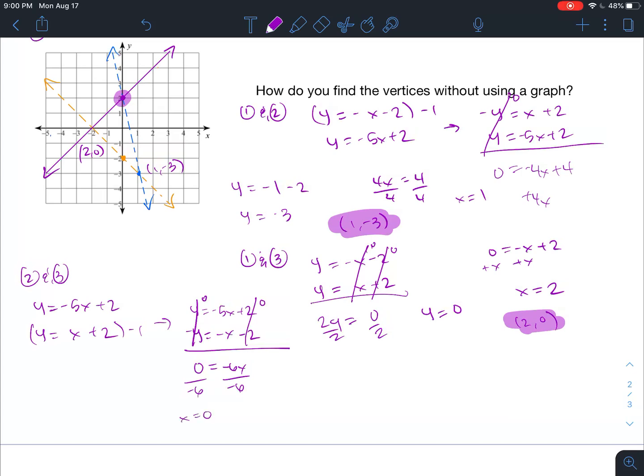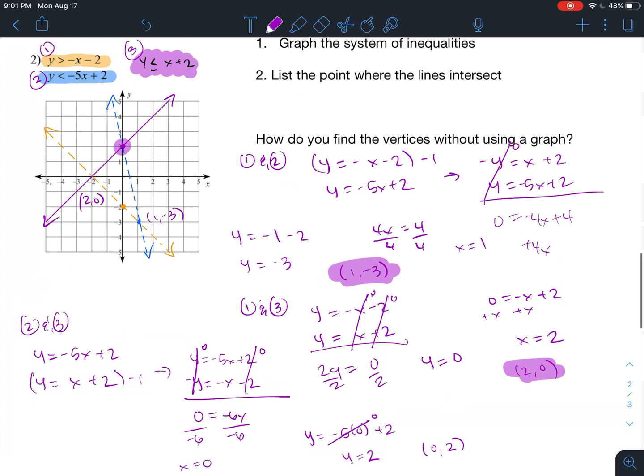So x is equal to 0. Okay, so now we just have to plug that into one of our equations. y is equal to -5 times 0 plus 2. That's 0. So y is equal to 2. So our last vertex is at (0, 2). And that's where this is, at (0, 2).